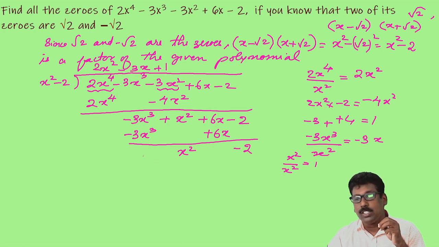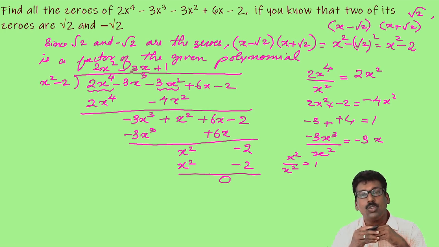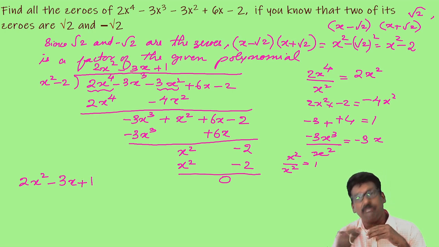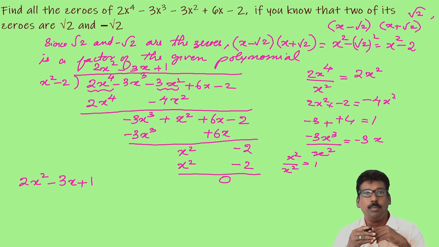Now 1 into x square is x square, 1 into minus 2 is minus 2. So you get remainder 0. So the new quotient, that is 2x square minus 3x plus 1, will be a factor of the given polynomial.